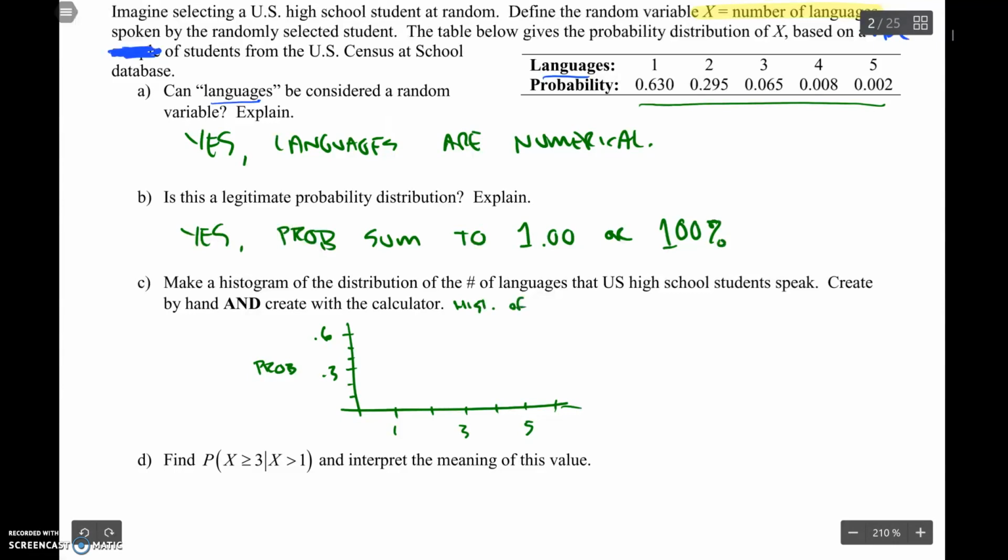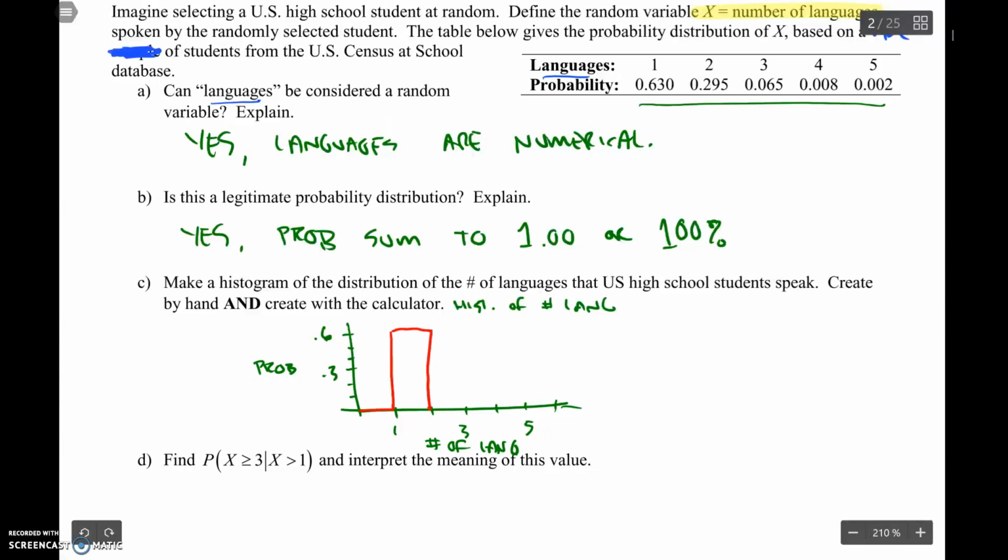Histogram of number of languages. And this is going to be number of languages. Notice we got a title, label in the x-axis, label in the y-axis, standard fare. So nobody speaks 0 languages, so that's not going to really show up. It just would be 0. 63% speak 1 language.